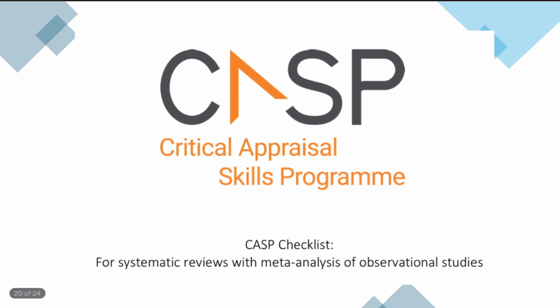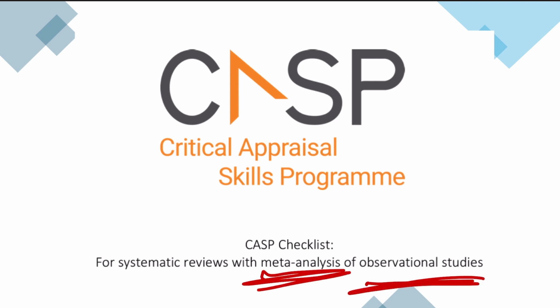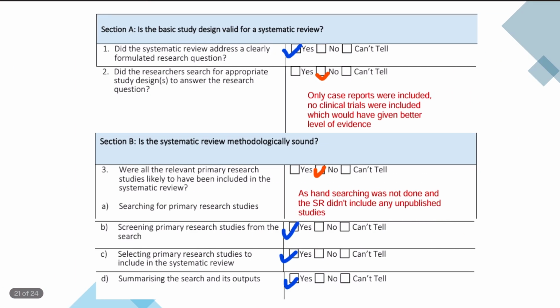Now let's discuss the critical appraisal of this article. We are using the CASP checklist, that is, the Critical Appraisal Skills Programme checklist for systematic review with meta analysis of observational studies. As you can see here, the blue ticks mean the article has mentioned that particular point properly, and the red tick means the article has not mentioned it properly.